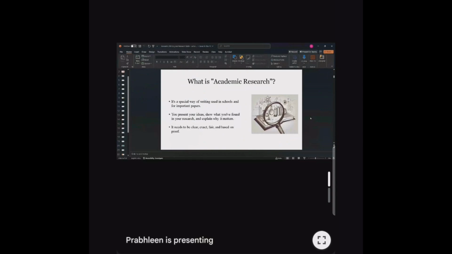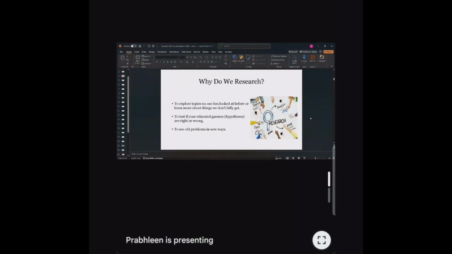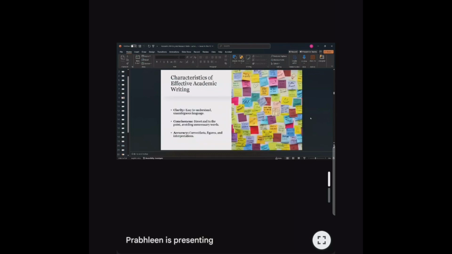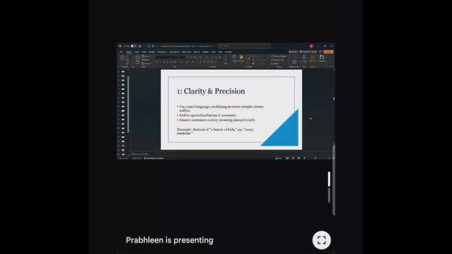What is academic research? Whatever research we do in any educational institute or any research setup, we do it to test a hypothesis or idea that I have, to fill a gap in my knowledge, and to contribute to my field. And when we write up the academic research result, it's called academic writing, which is based on clarity and precision, and objectivity.